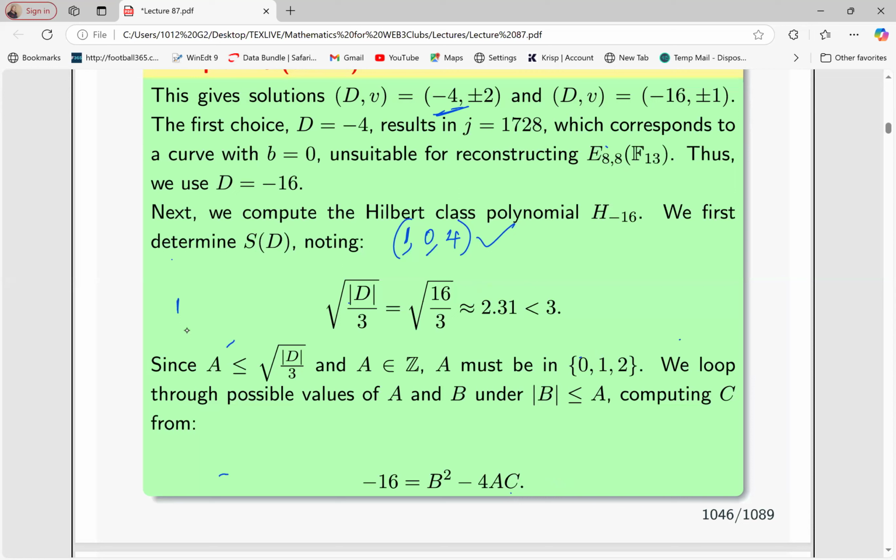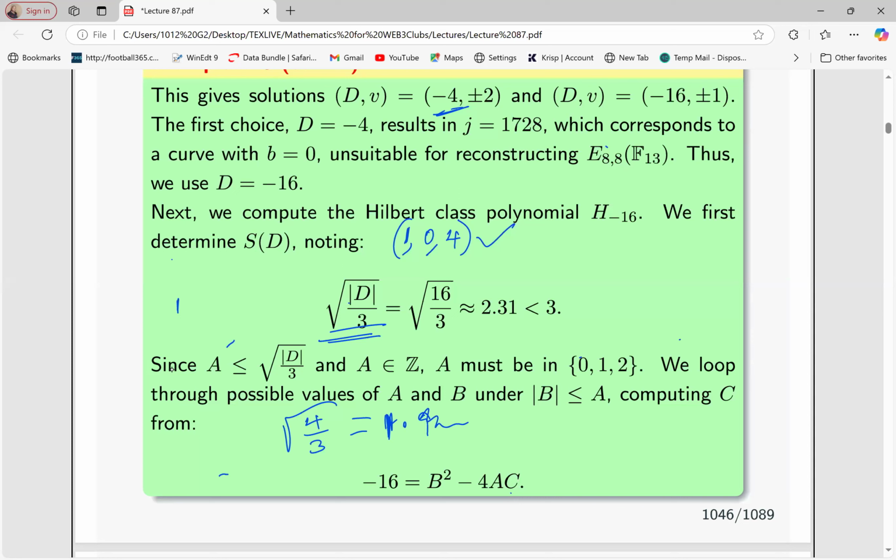So we find maximum A. Maximum A will be 4 out of 3. So this looks like 1 point something. 4 out of 3, the square root of that should be 1 point something. So that means our maximum A this time is 1 point something.